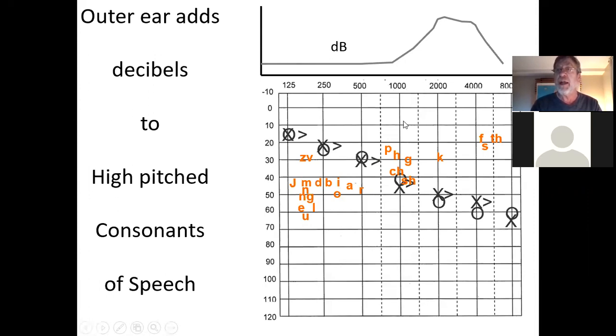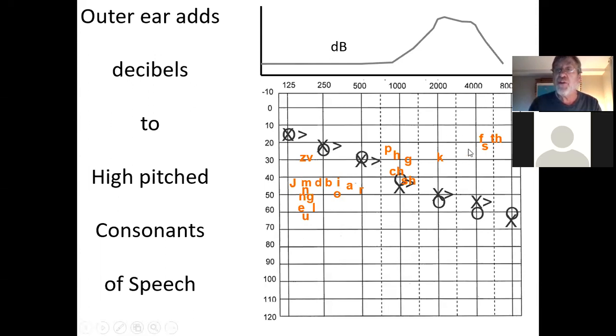We test hearing at 7 octave frequencies, and octaves is when you double the frequency. 125 is kind of like low C on a piano, 250 middle C, 500 high C, and then octaves going higher. So you can see that we hear a lot higher than just the frequencies of music. But here's the letters, the consonants.